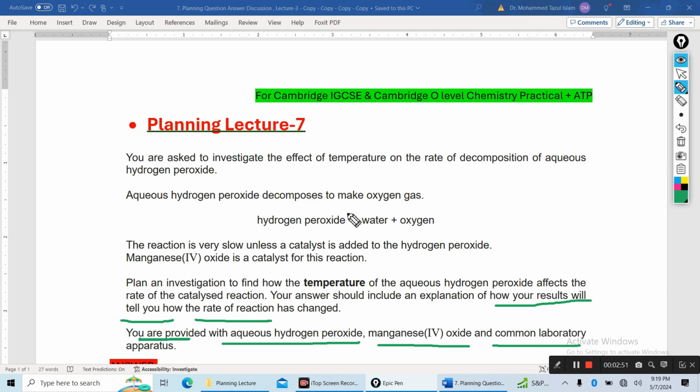So mainly this question is asking how temperature affects the decomposition of hydrogen peroxide and how your results will tell you how the rate of reaction has changed. Let's move.